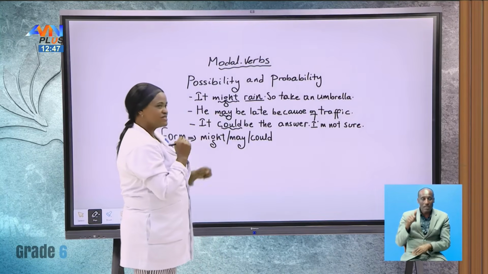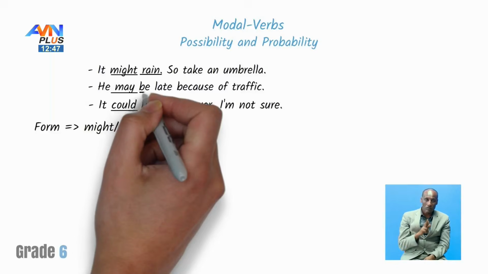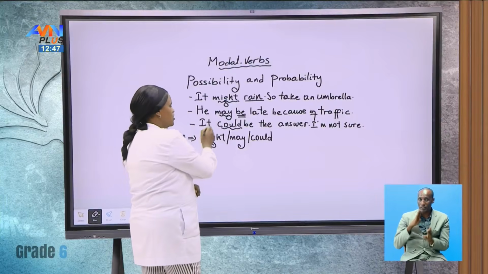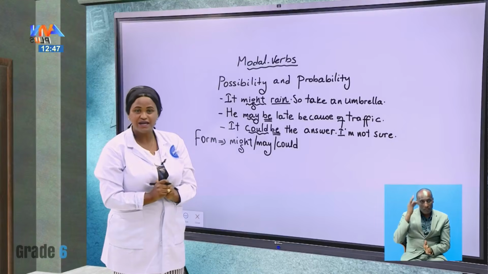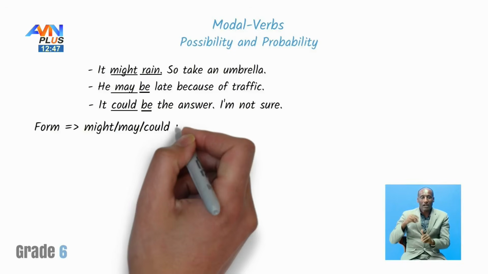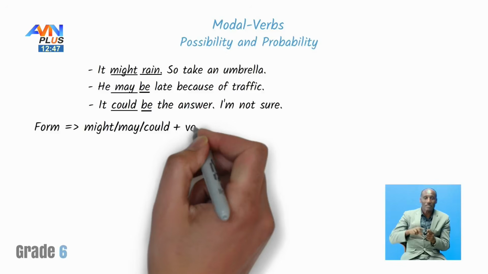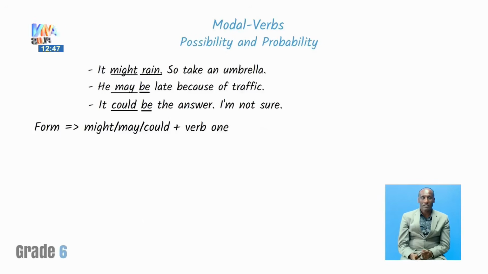Then, the second one, he may be. Very good. We have be here. Or on the third one, the same. Fortunately, we have also be. What kind of verbs are these? Very good. If you say infinitive without to, or verb 1.